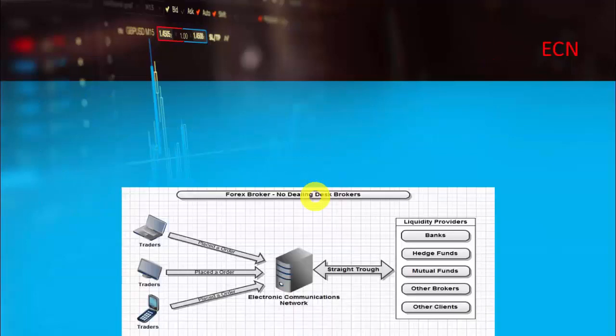And now we will see what is an ECN broker. ECN. Okay. This ECN broker is included in non-dealing desk brokers. Basically, when traders are placing their trades, it could be any kind of trader. This electronic system, this ECN broker, straightforwardly processes your trades toward the liquidity providers in the interbank world market.